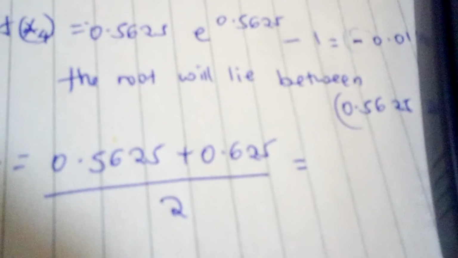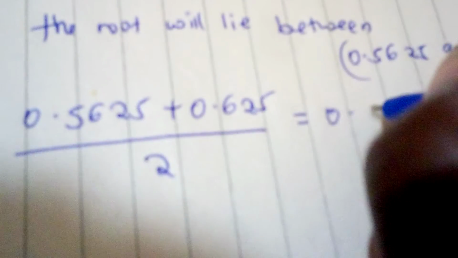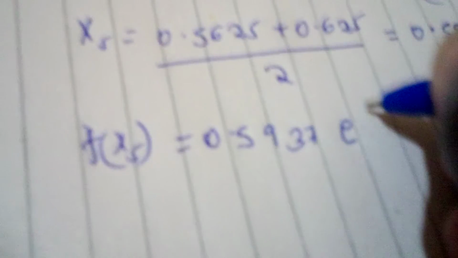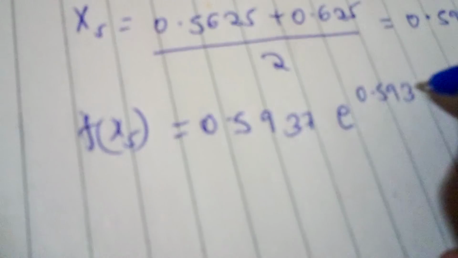0.5625 plus 0.625 divided by 2 will be 0.5937. Replacing it, when you replace it into our equation, it will be x5, it will be 0.5937 exponential 0.5937.